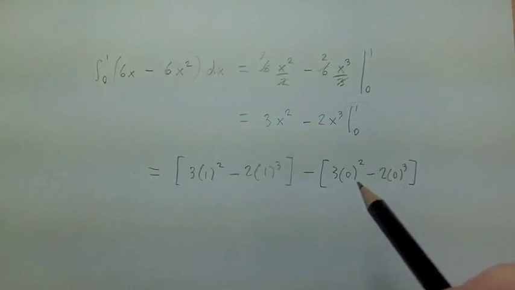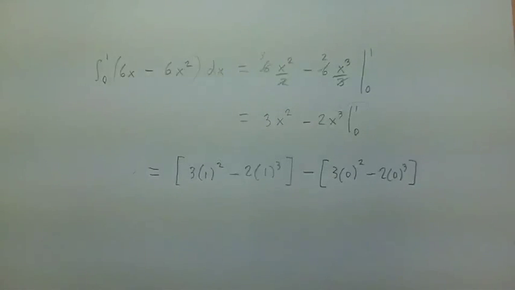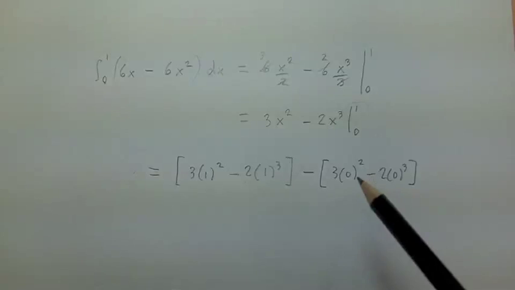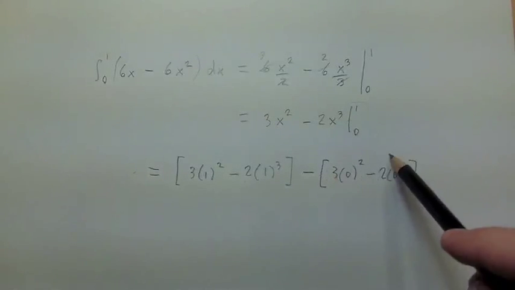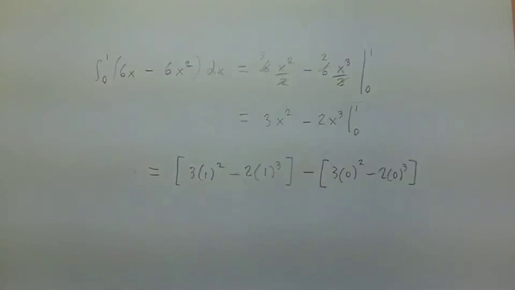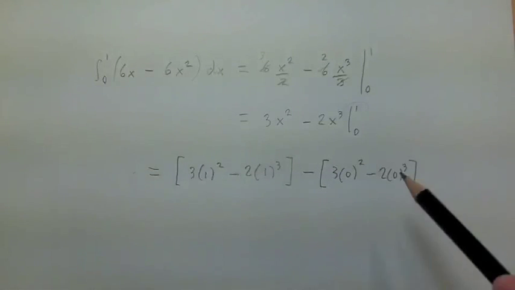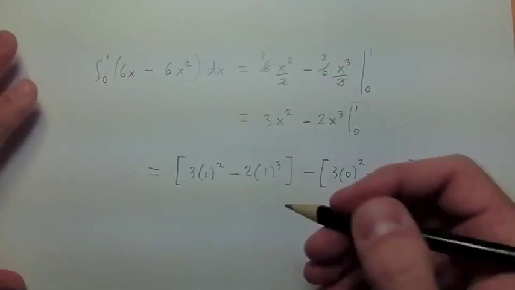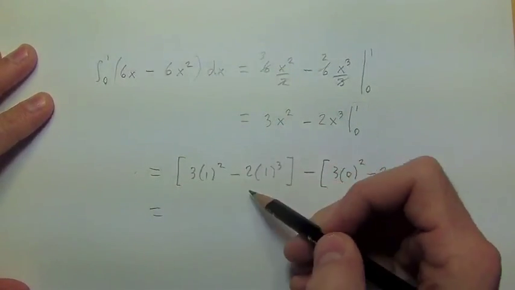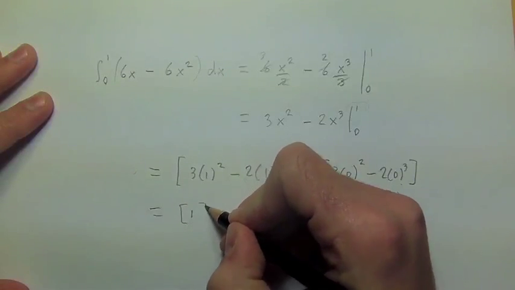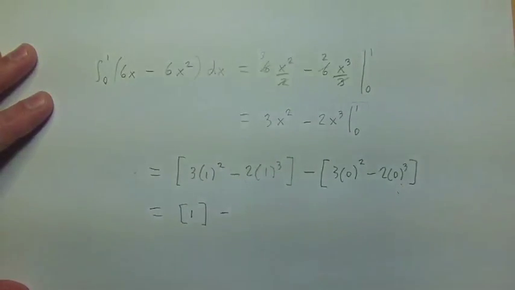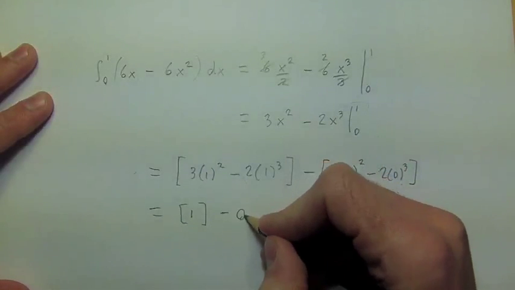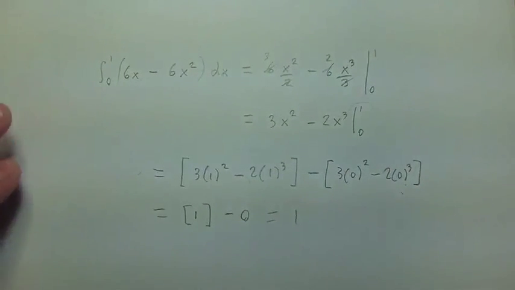So always, always put this second piece in brackets. Was that enough always to get my point across? Okay, if not, always. So this is going to be 3 minus 2, so that's just 1, minus 0. So the whole thing comes out to be 1.